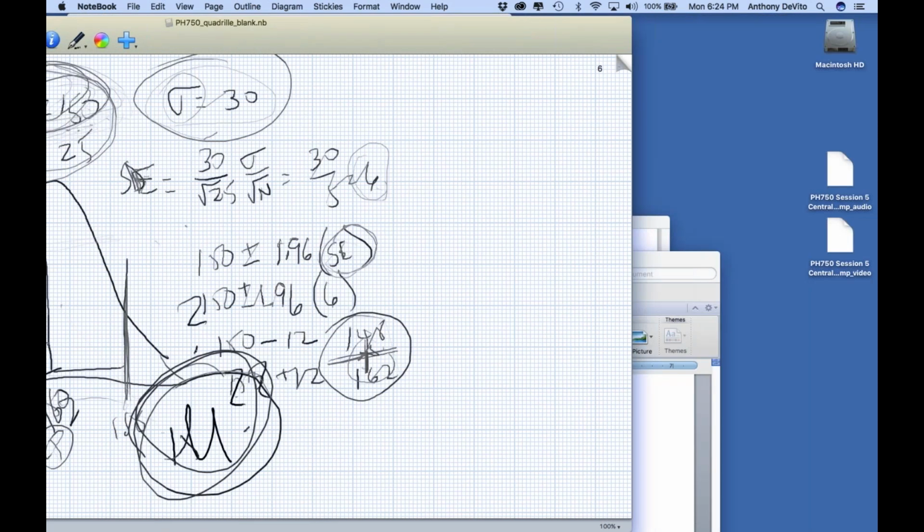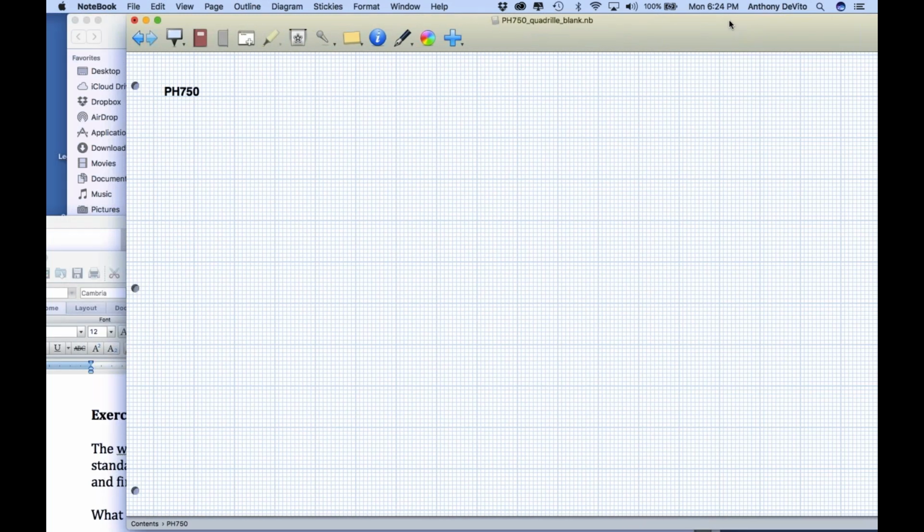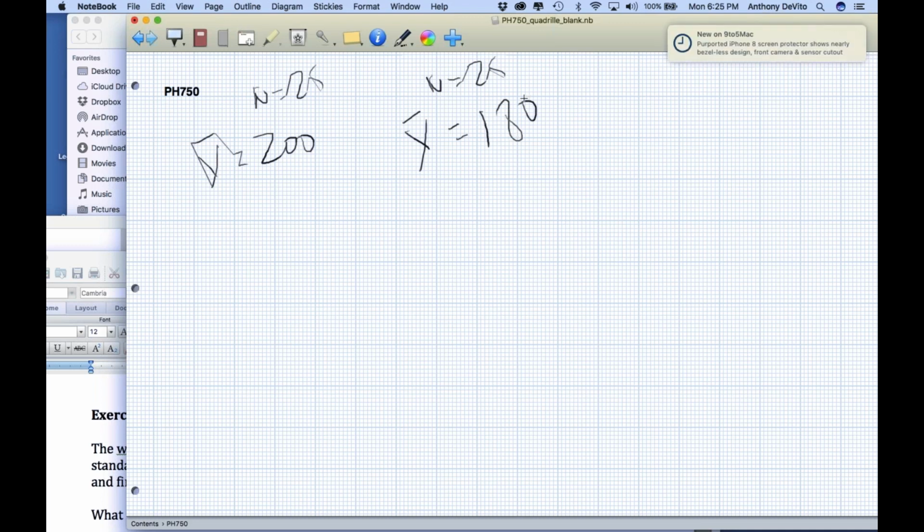Well, let's say I take a sample of 25 Americans and the average serum cholesterol for those 25 Americans is 200. Now, let's say I go to France, I take a sample of 25 Frenchmen, and their average cholesterol is 180.